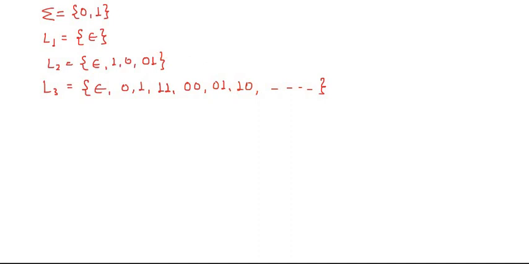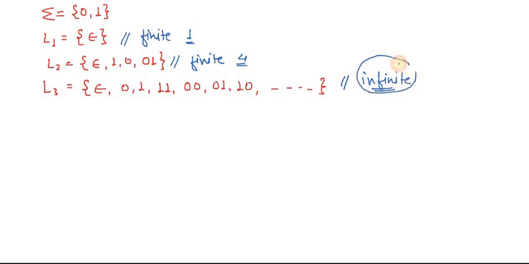What can you tell me about the nature of these 3 languages? Language 1 is finite because the number of strings is only one. Language 2 is also finite because the number of strings in language 2 is 4. But language 3 is an infinite language, which clearly means that the number of strings in this language is infinite.